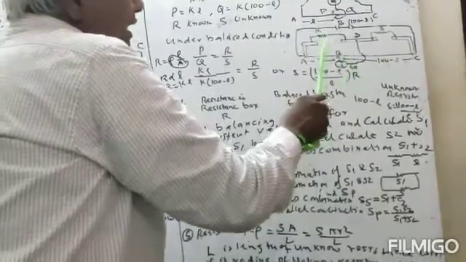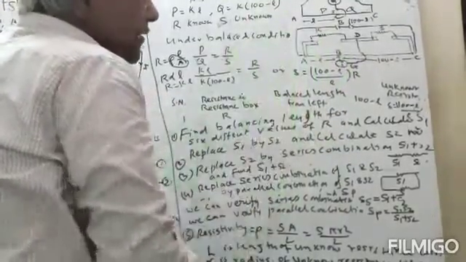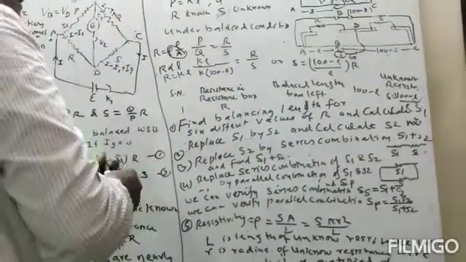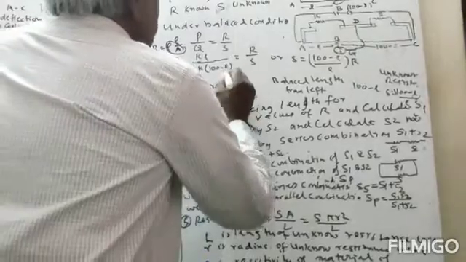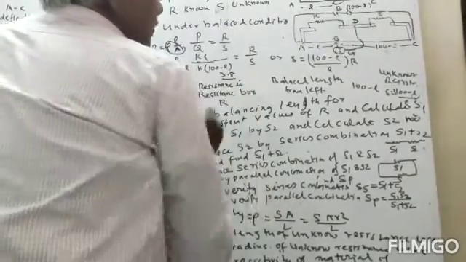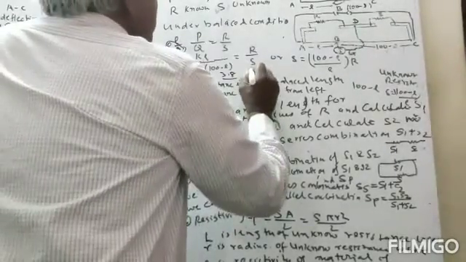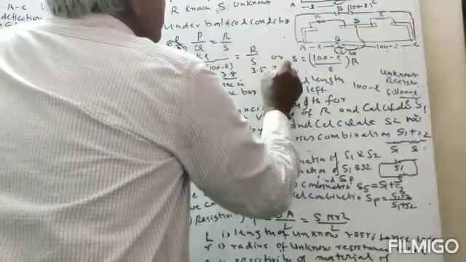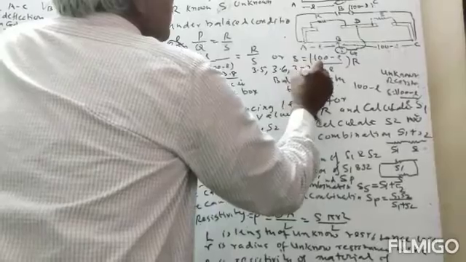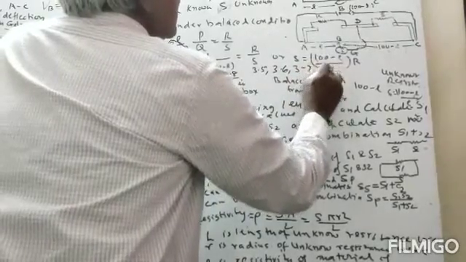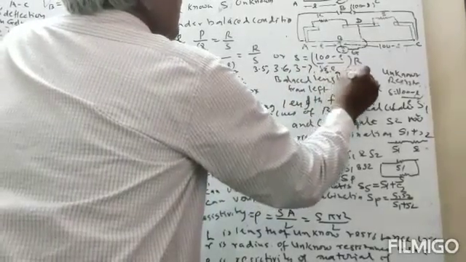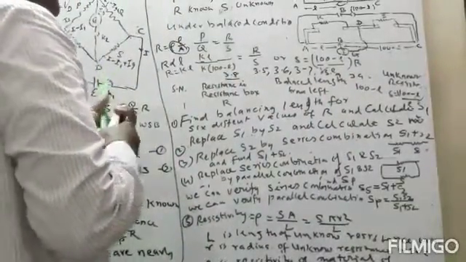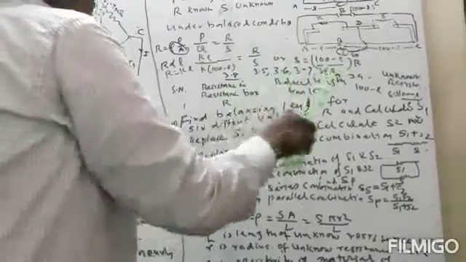Suppose that resistance is 3.8. If R is equal to 3.8, then for observation you will take 3.5, 3.6, 3.7, 3.8, 3.9 and so on, so that the bridge is balanced.